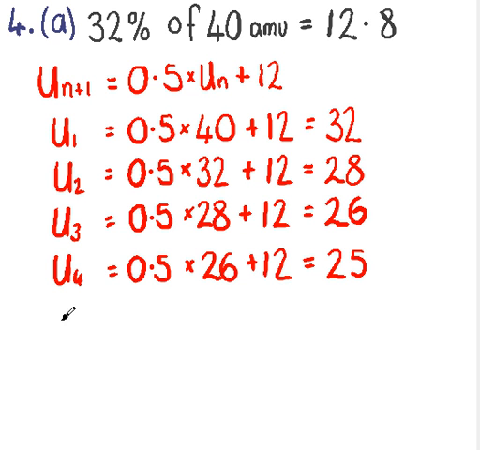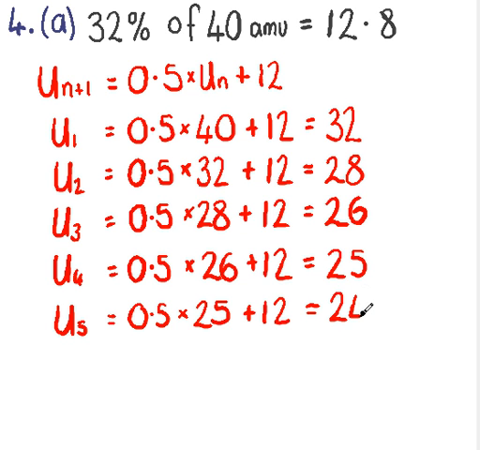That suggests that we're approaching a limit. So U5, our next term, is going to be equal to 0.5 times the previous term, which was 25, add 12. If we do that, 0.5 times 25 is 12.5, add on the 12, that gives us 24.5.